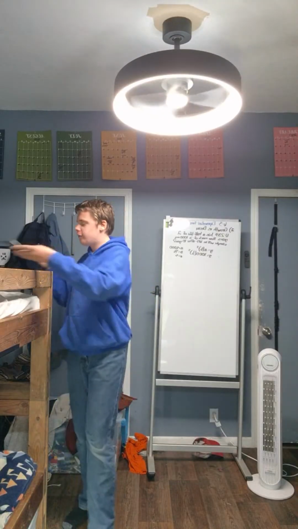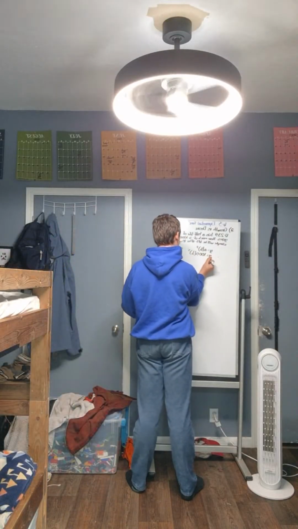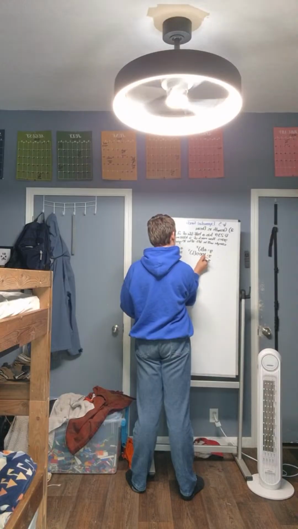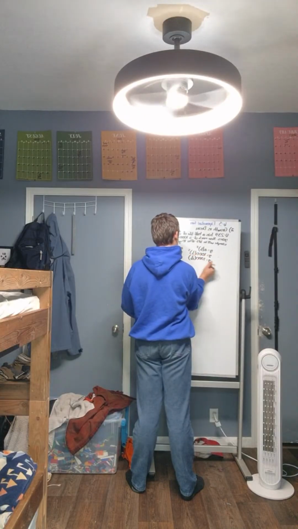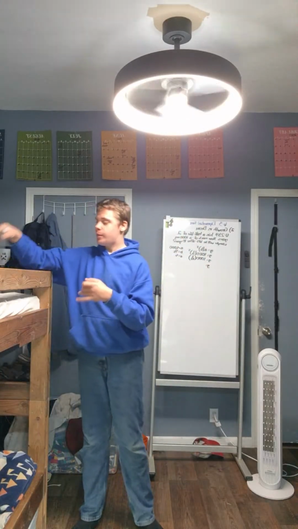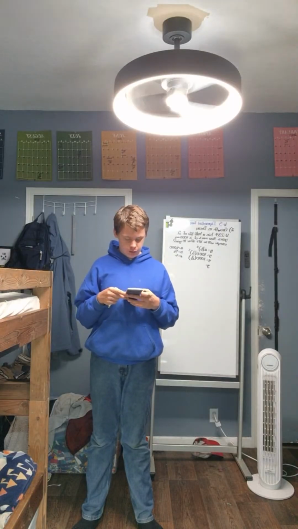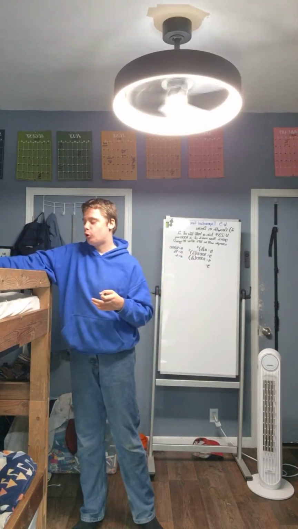So we will have 1,000 times 1 over 32. What would that equal? It gave me a fraction of 125 divided by 4.